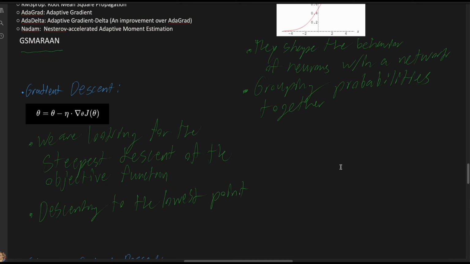And the learning rate defines the size of these steps, and choosing the right learning rate is crucial, as too small of a rate can lead to slow convergence. So we have to be careful about the learning rate to avoid slow convergence.